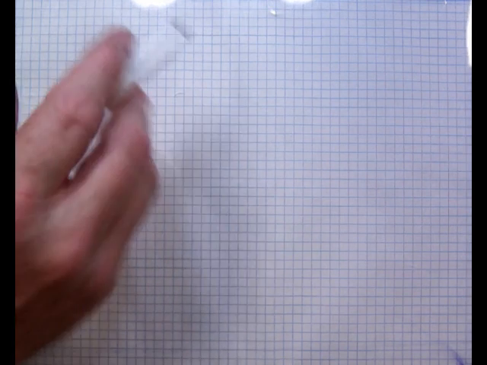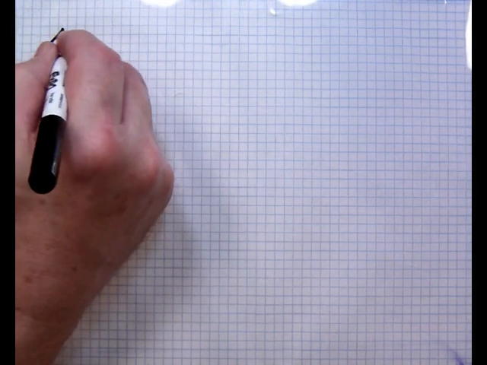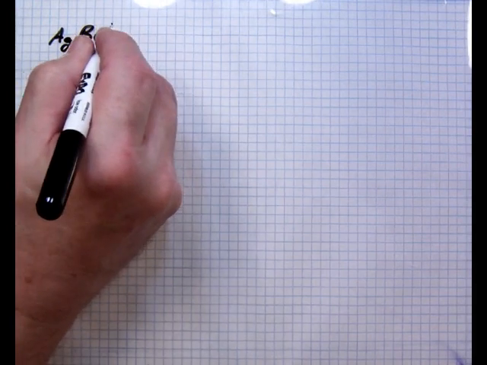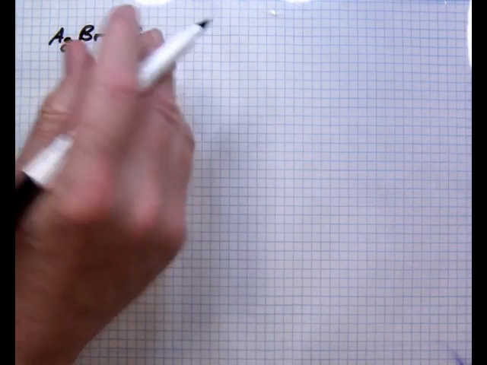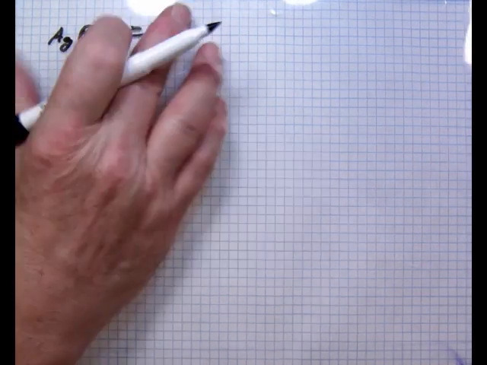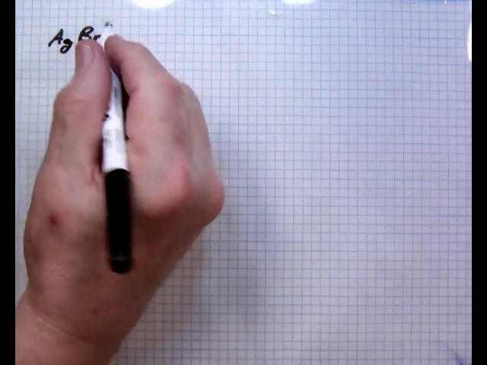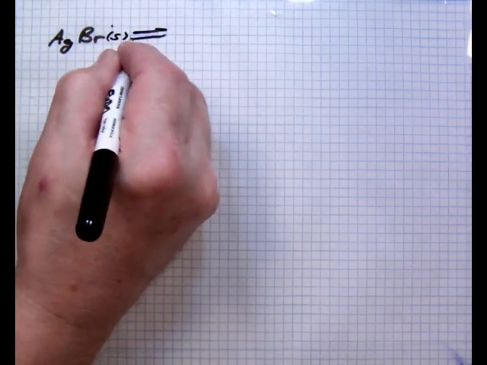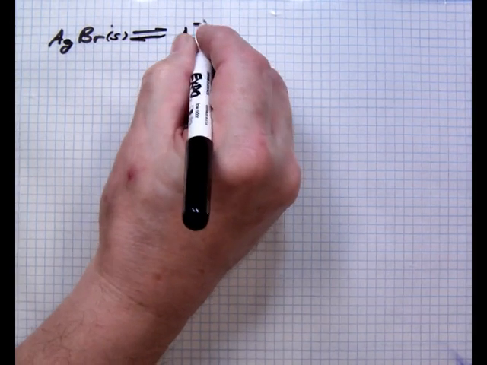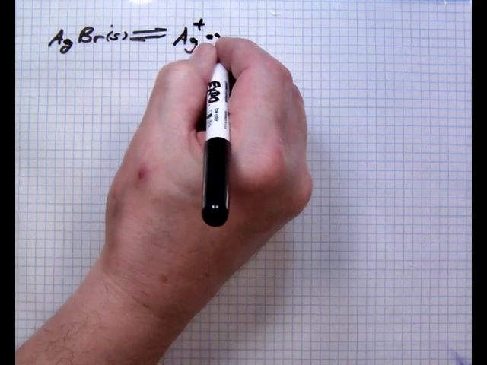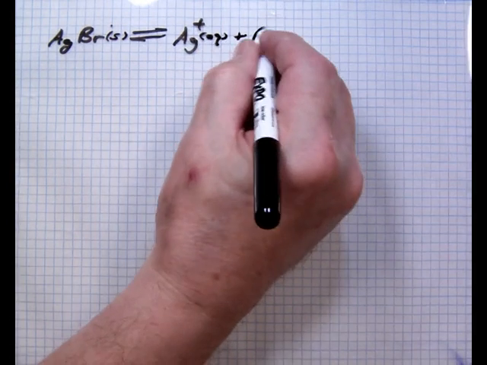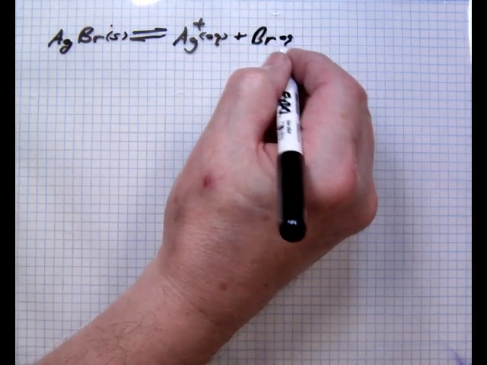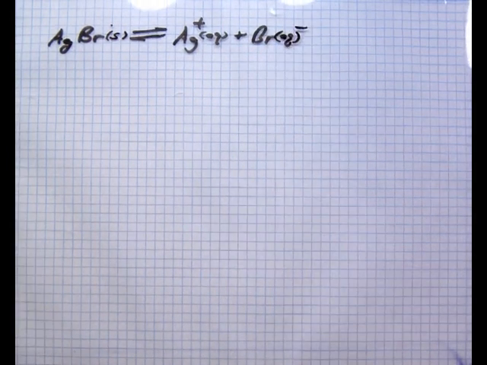Okay. We just looked at silver chloride. We'll do one for silver bromide. So silver bromide as a solid, you should indicate that it's solid, goes into silver ions aqueous plus bromide ions aqueous, like that.